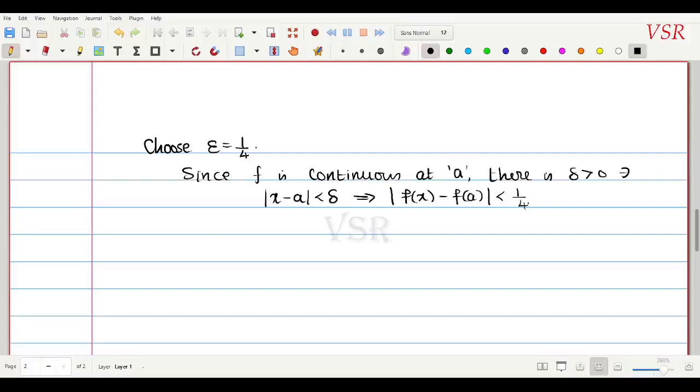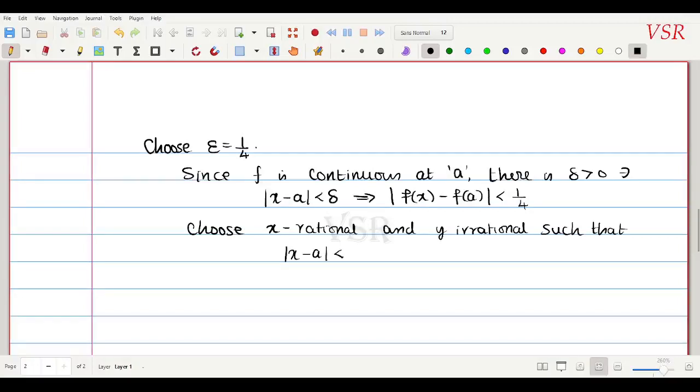Okay, so choose x rational and y irrational such that both lie in this ball. Then modulus of x minus a is less than delta and modulus of y minus a is less than delta.